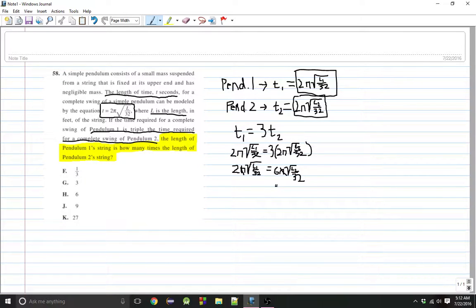Now what we've got to do is solve for L2.